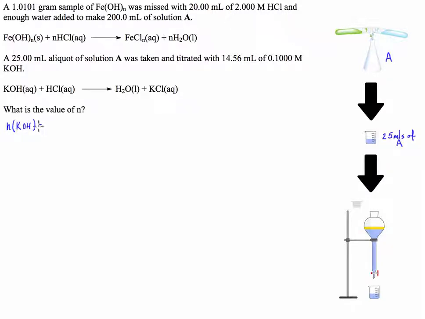We're going to use the formula: the number of moles is equal to the concentration times the volume, which is equal to 0.1 times 0.01456, and that's going to give us a value of 0.001456.